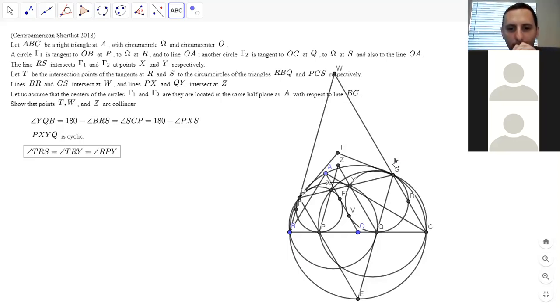My bad. It's easy, but we still want to show that those are cyclic. You're right. So angle SYQ is equal to angle SQC, which is equal to angle S. So angle SQC, is it obvious that SQ and BR are parallel?